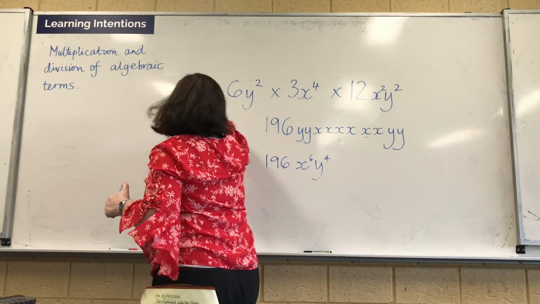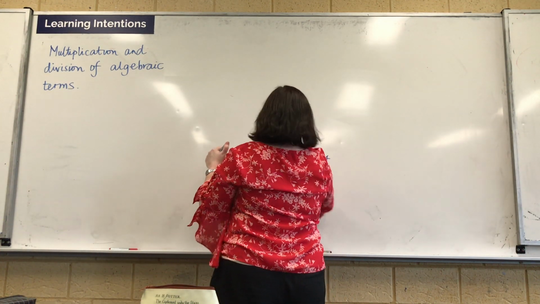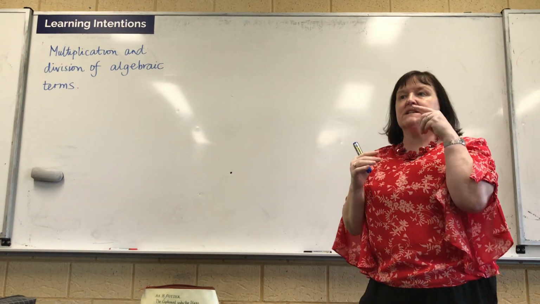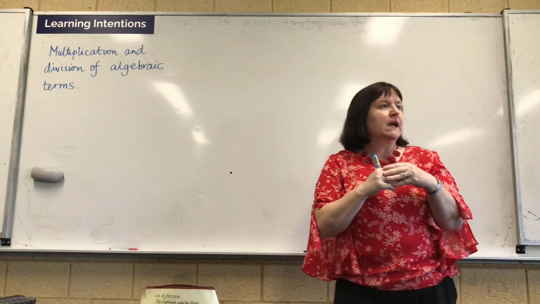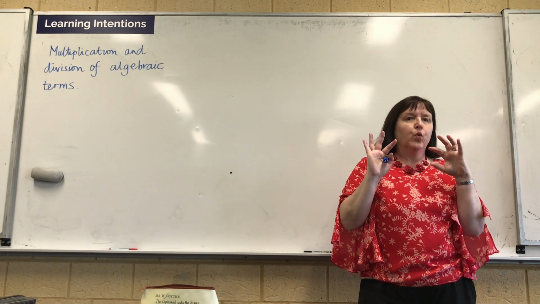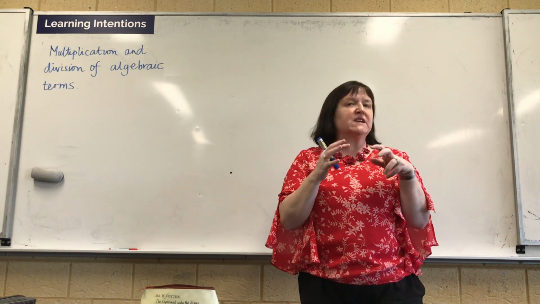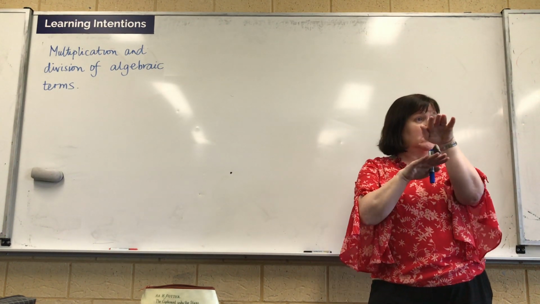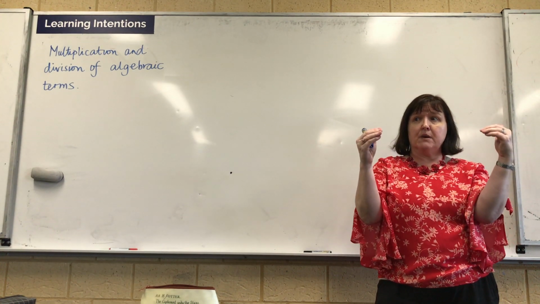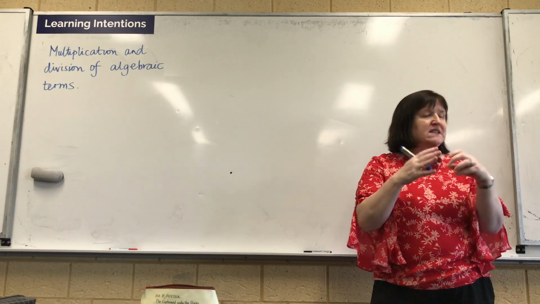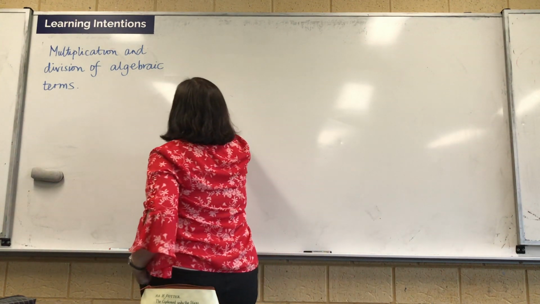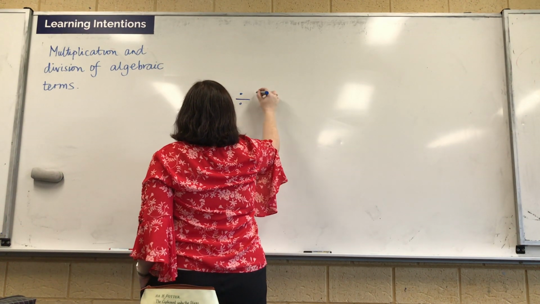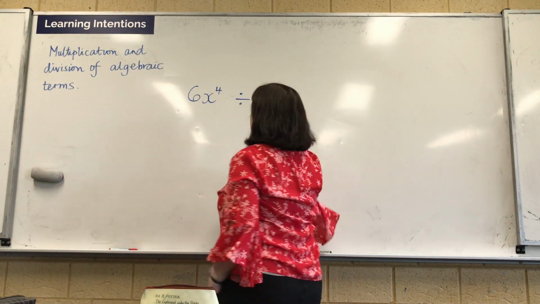Right, so division then. Now division is, again, a process where you're going to end up with one term, okay? And one of the things that is really useful is if you get used to putting the division as a quotient rather than a division sum and writing it in expanded notation. So I'll show you what I mean. So let's have, say, 6x to the power 4 divided by 3x to the power 2.